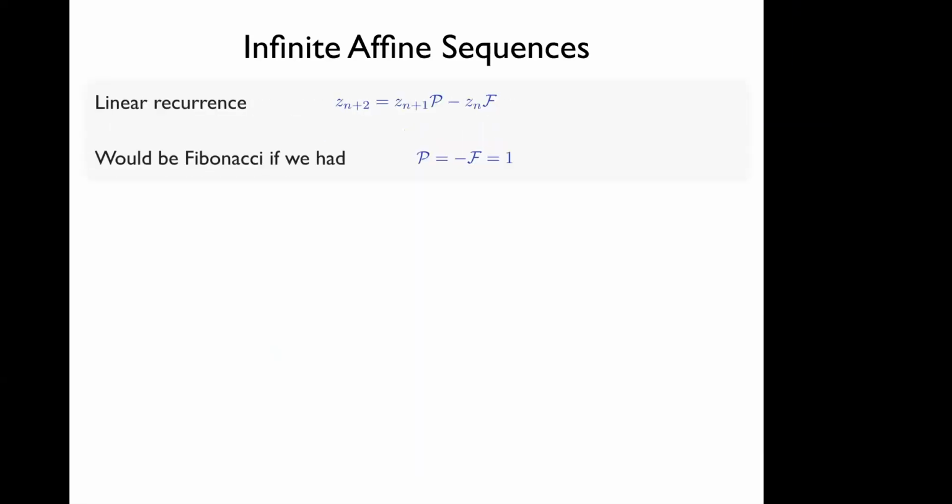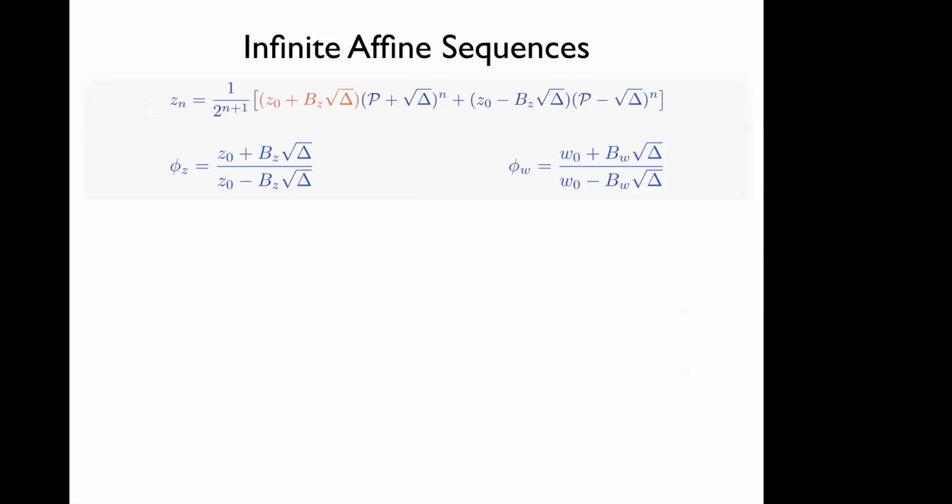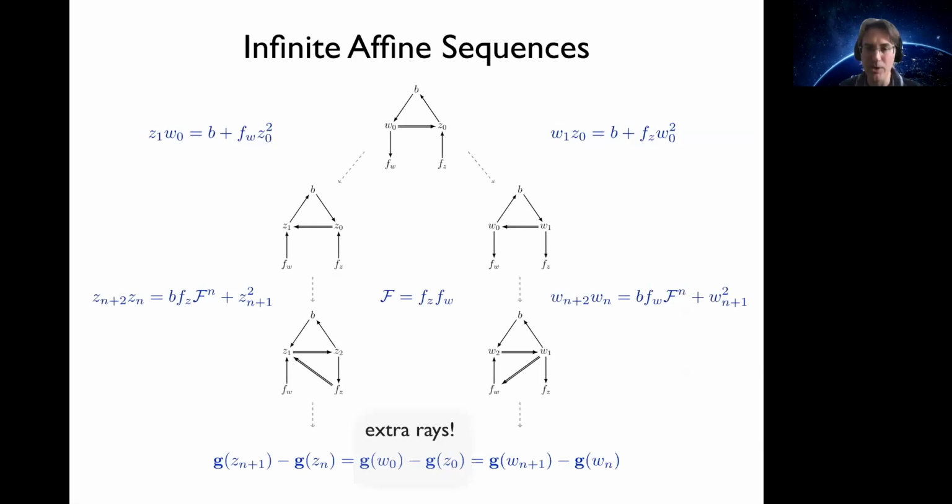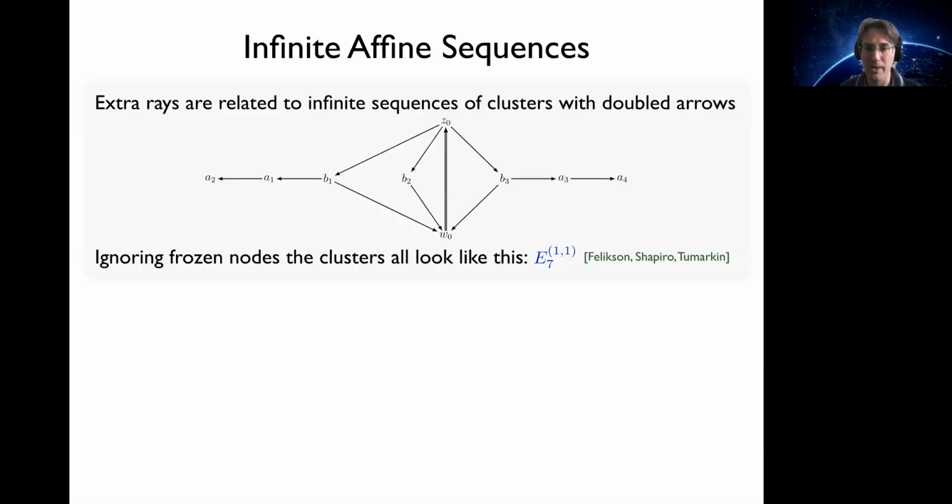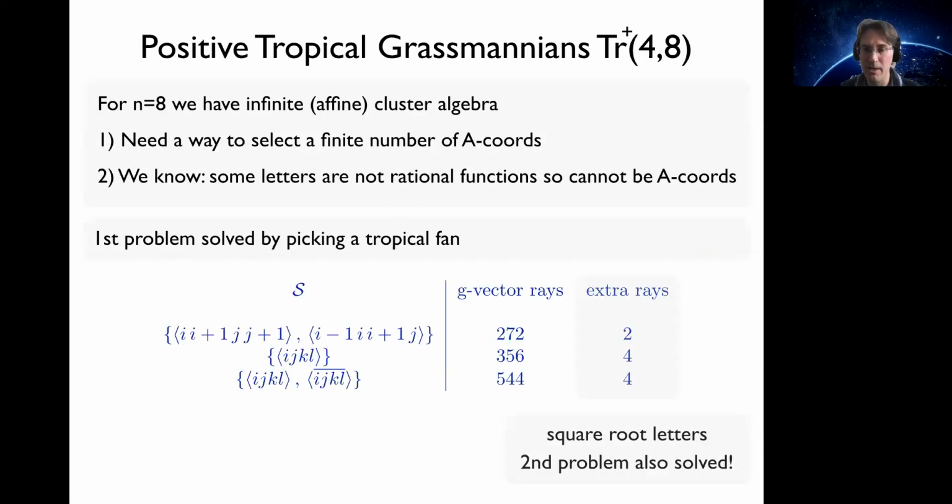Okay, so basically you knew the answer from the very beginning, and then you construct the sequence which gives you this. We knew which rays we were looking for from the tropical fan, and then we found the sequences of clusters that asymptoted to those rays. But may I also say we consider all possible subaffine A2s and look at them, and they all asymptote to the rays we want.